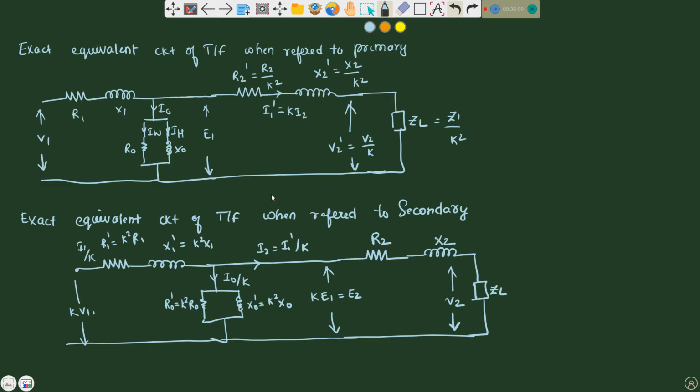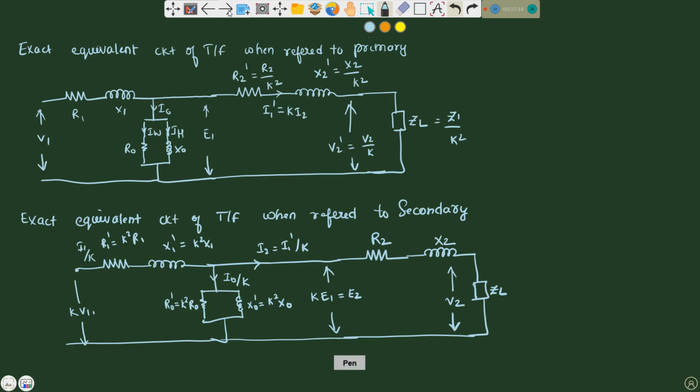So first approximation to equivalent circuit with respect to primary side: place the shunt branch before the primary impedance. That's it. So how will it become now? We are placing this shunt branch here first. Let me draw it in the next slide.